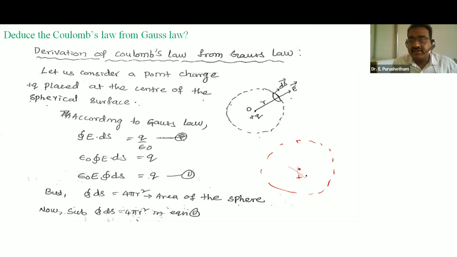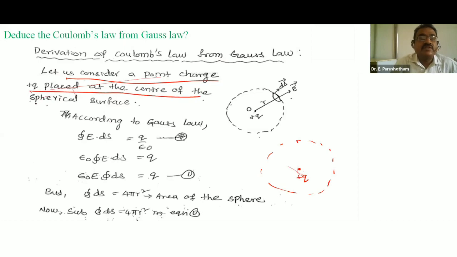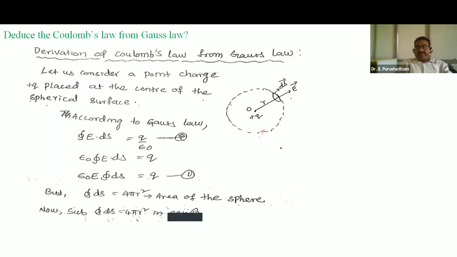A point charge plus Q is placed at the center of the spherical surface. According to Gauss law, what is Gauss law?